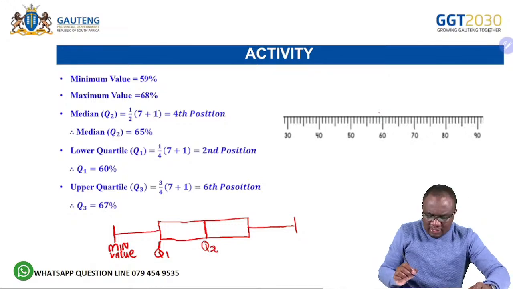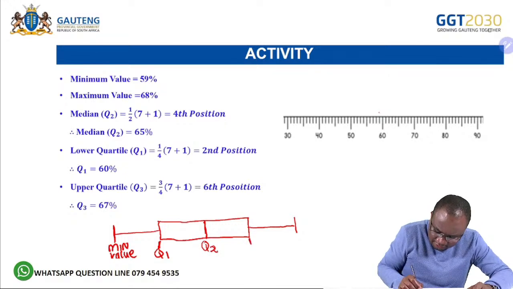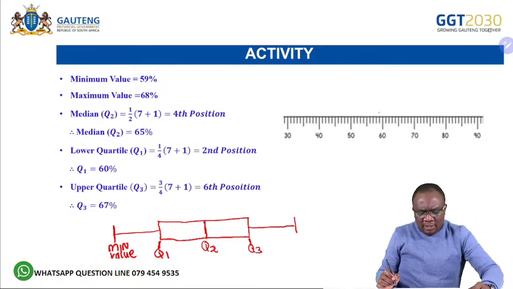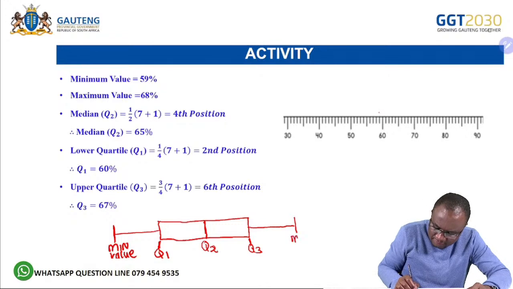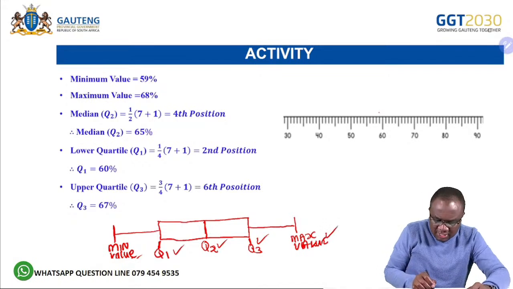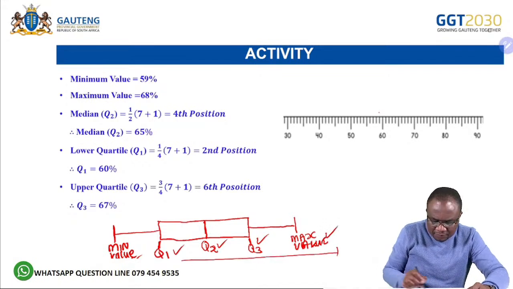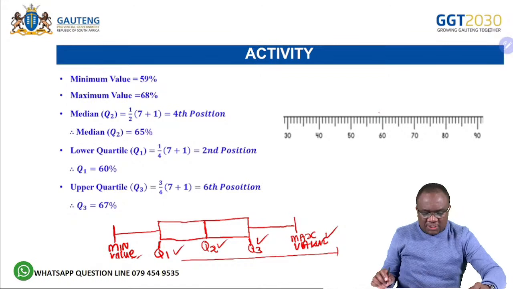And then after Q2, we have our Q3, which is the upper quartile. And then after the upper quartile, we have the maximum value. Do you see that? This is our 5-number summary. 1, 2, 3, 4, 5. This is in box and whisker. And then you're going to be having your number line there to show from which number to which number.